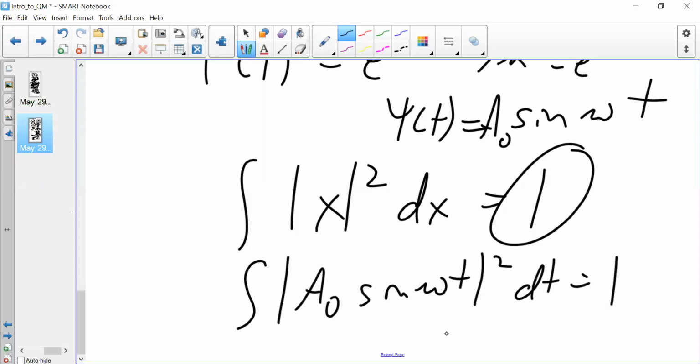From this integral, we can get the value of the amplitude, attach that back to the original function, and then we have a full form of this wave function here. And again, the wave function is made up of little bitty other wave functions to make up the full wave function here. So that's that on that.